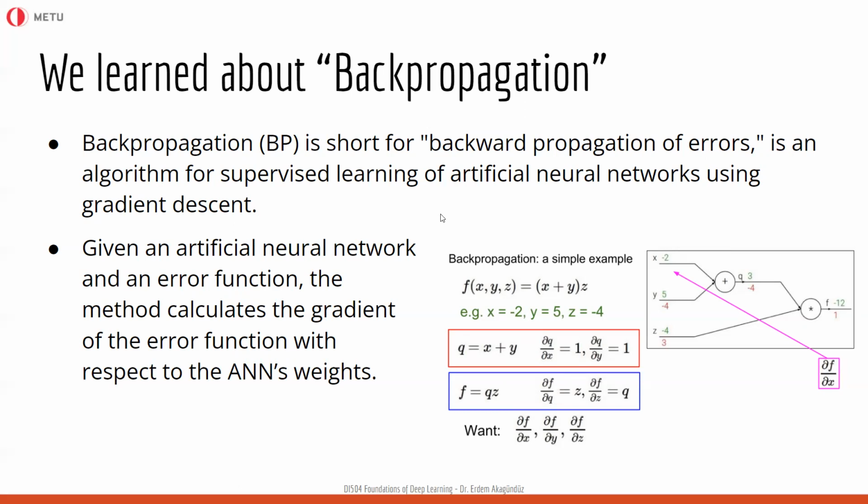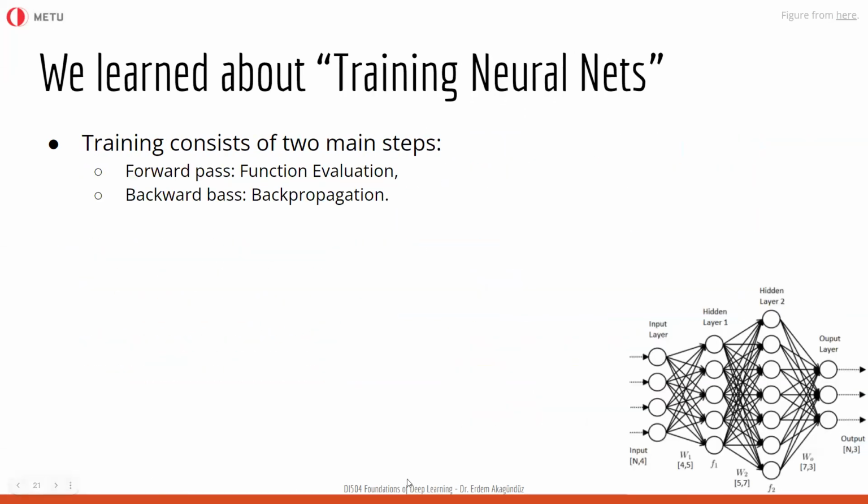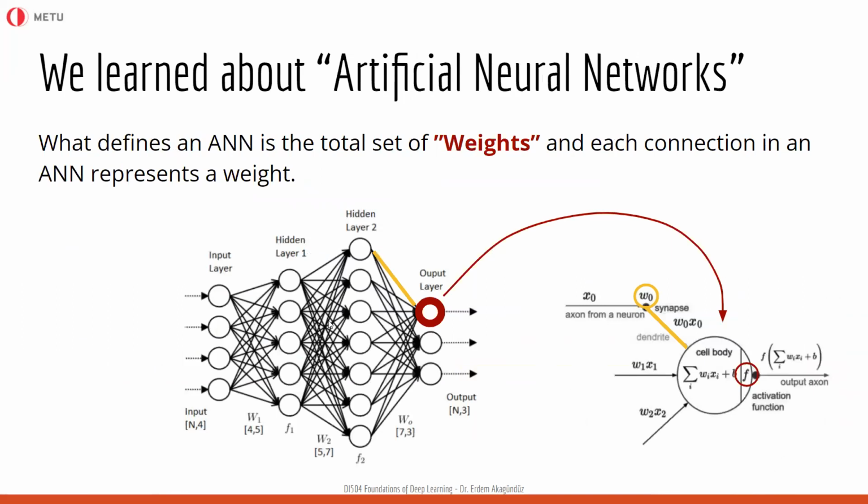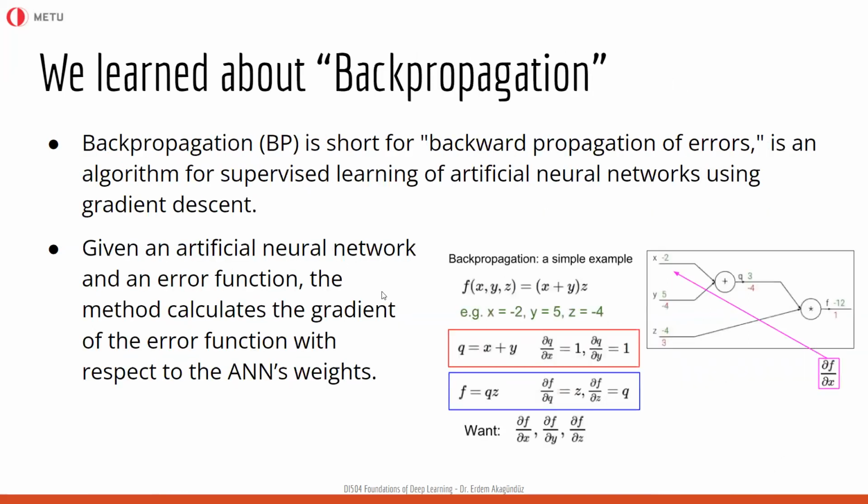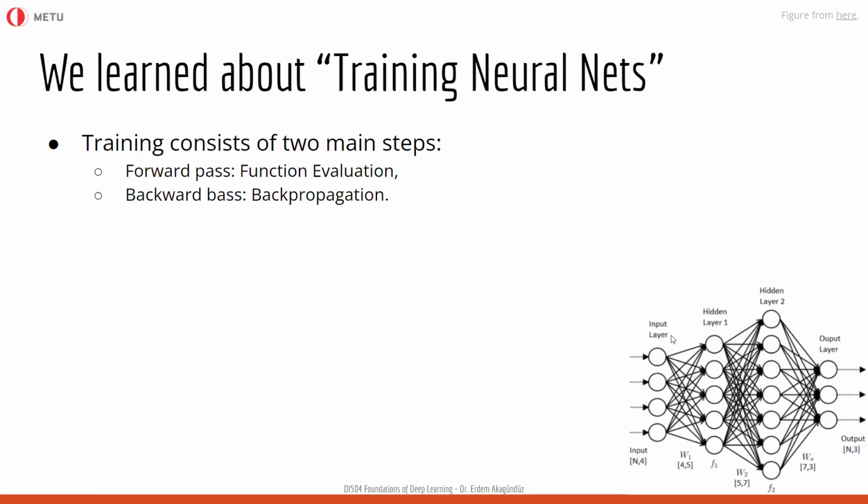The guy who found backpropagation found it to apply gradient descent on computational graphs. So since neural networks are computational graphs, and since backpropagation is a method to apply gradient descent to computational graphs, the natural result is we can apply backpropagation to neural networks to train them.